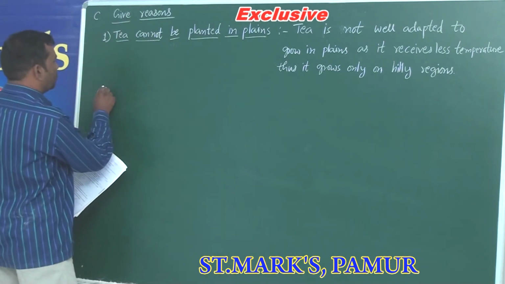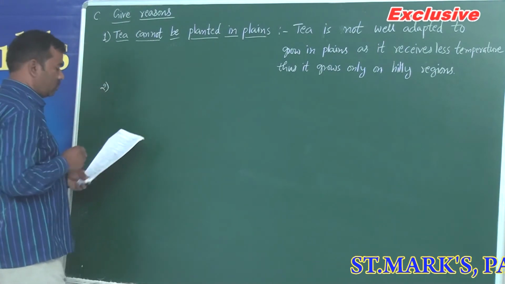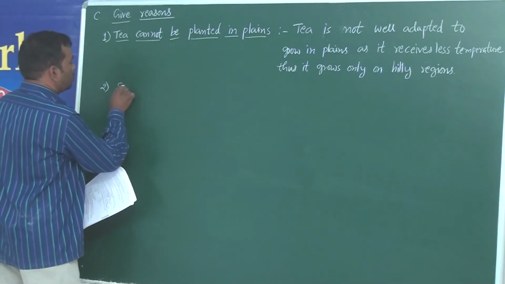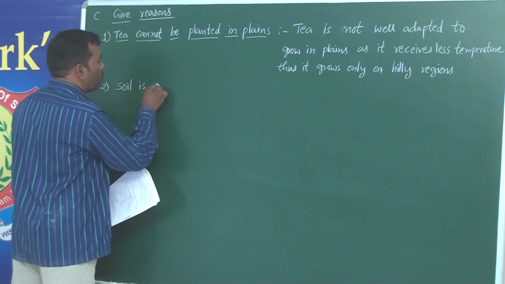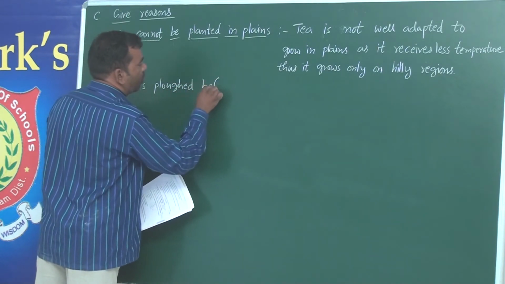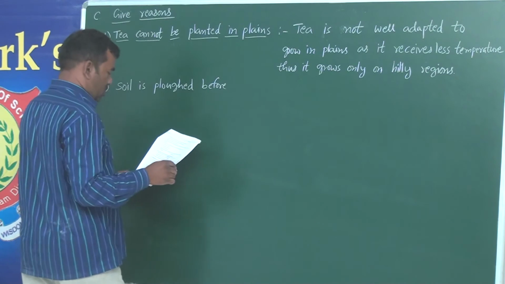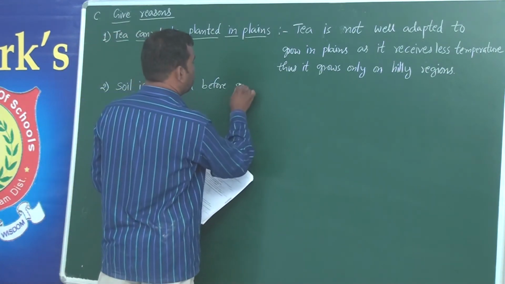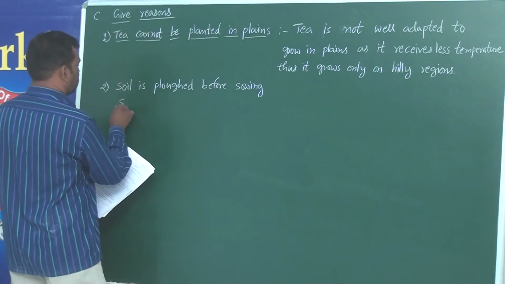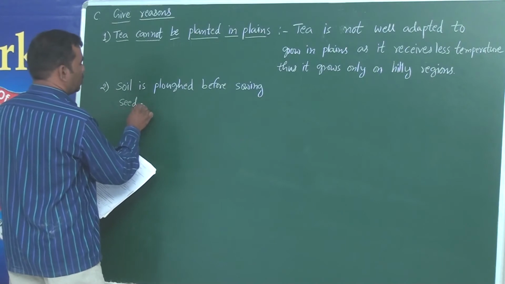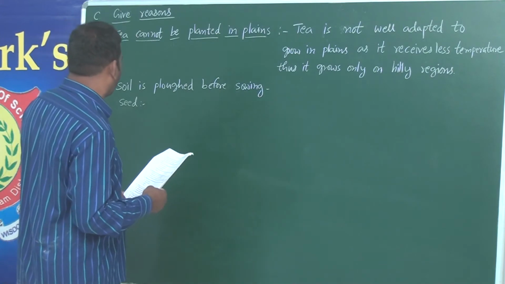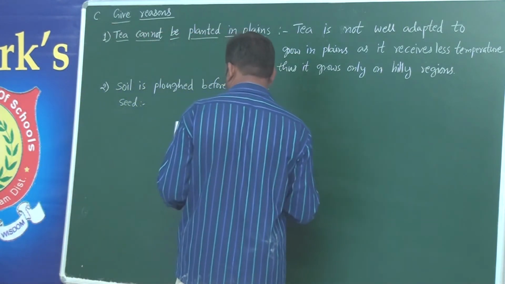And the second is, soil is ploughed before sowing seeds. Why? What is the reason? Why do we need to plough the soil before sowing?